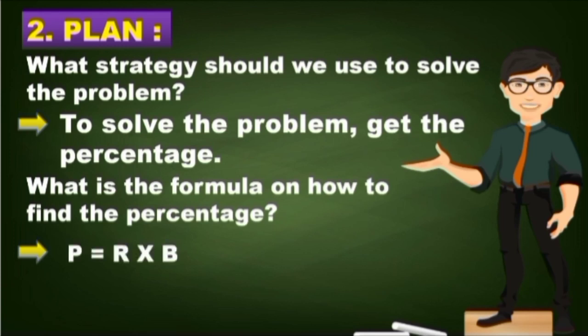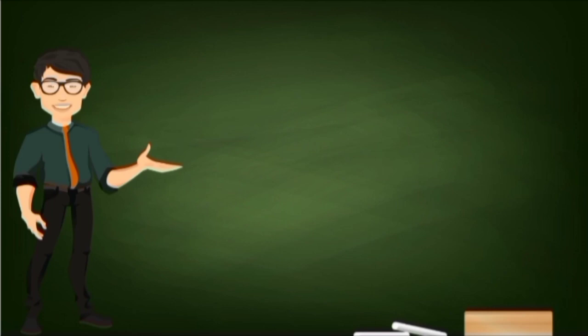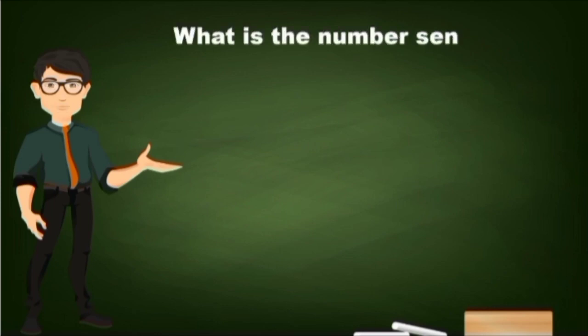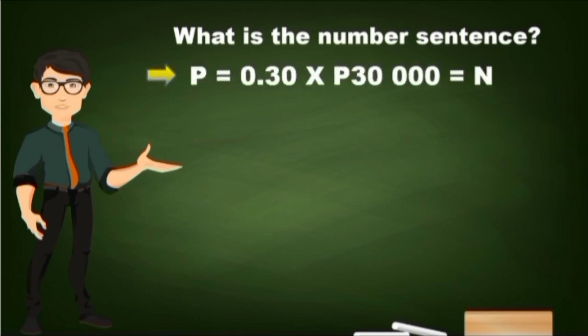We will use percentage equals rate times base. What is the number sentence? We use this number sentence: P equals 30 hundredths times 30,000 pesos equals N, wherein we change 30% to decimal.